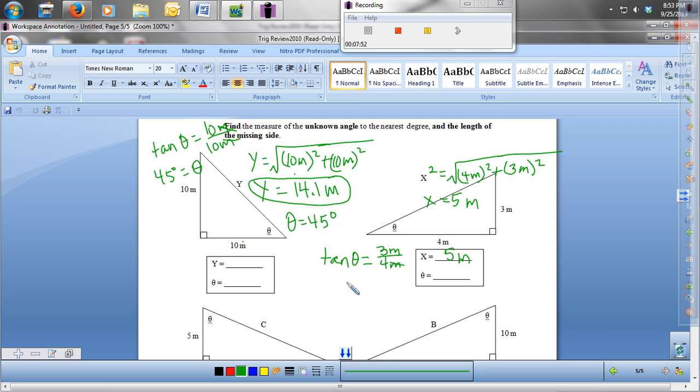And so if I do that correctly, I think it's going to be 36.8 degrees, but let's do it real quick. So I'm going to punch in 3 divided by 4. And then I'm going to say, okay, that's the tangent. So I'm going to tangent minus 1 of 0.75. And that gives me 36.9 degrees, just like I thought.